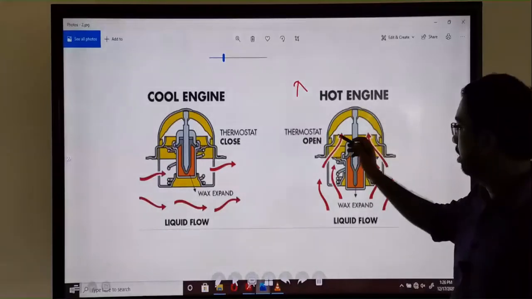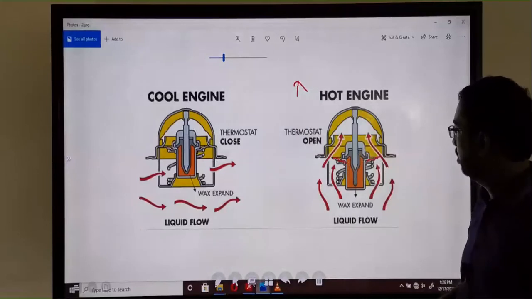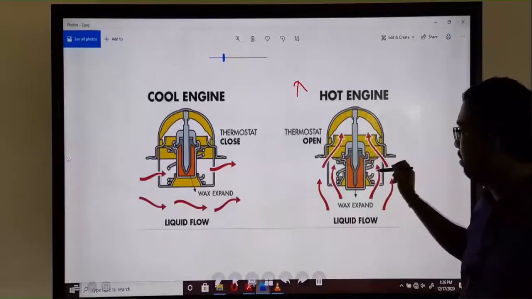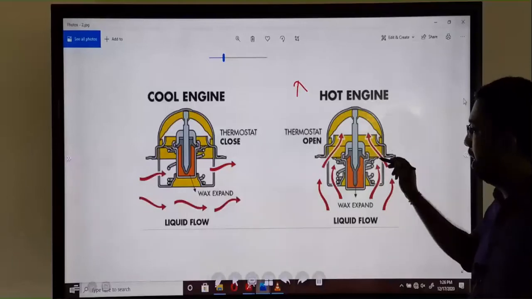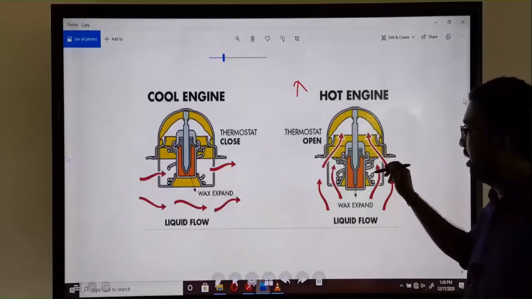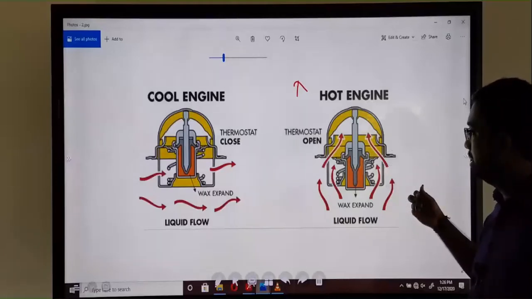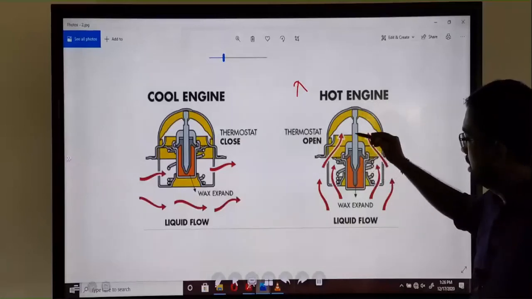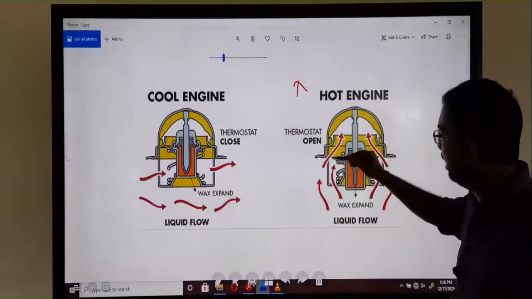Here you can see this plate moves downwards. Now there is a gap on both sides. So what will happen? When the temperature increases, this wax gets more thermal expansion, so this part moves downwards and there is a gap.